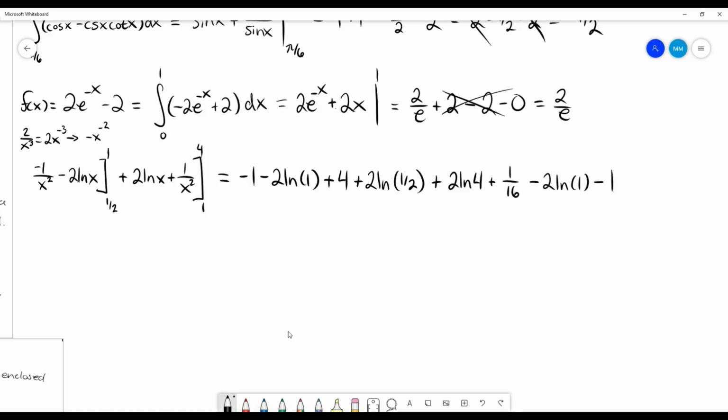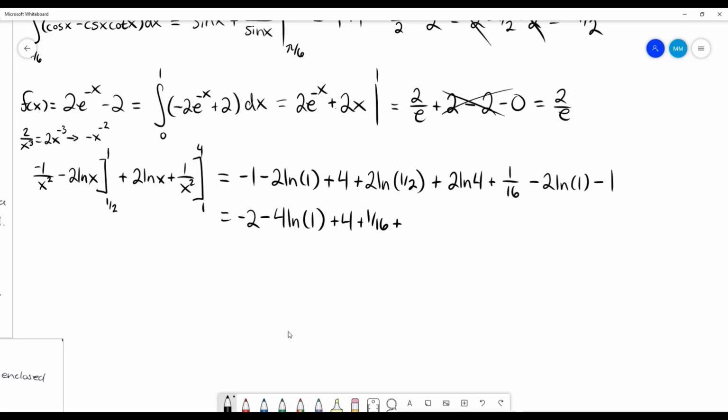And now we combine like terms. So I see that I've got 2 negative natural logs of 1, and I see I've got 2 negative 1s, so I'm going to combine that to be negative 2 minus 4 natural log of 1, and then I've got plus 4 plus 1/16, and then these natural logs here.